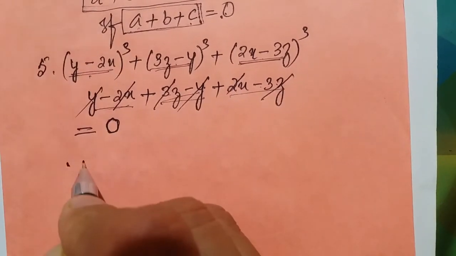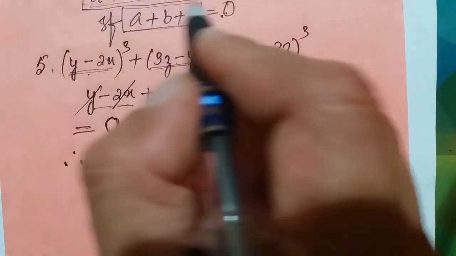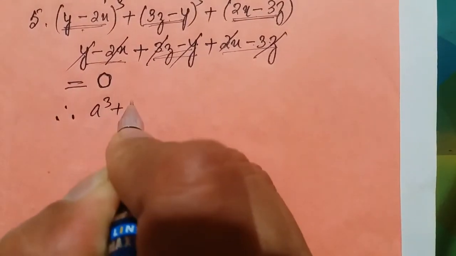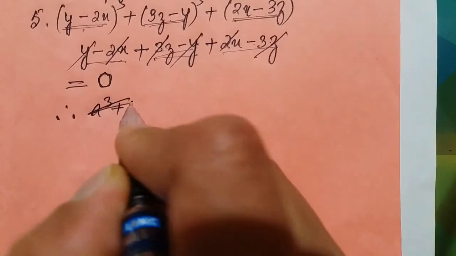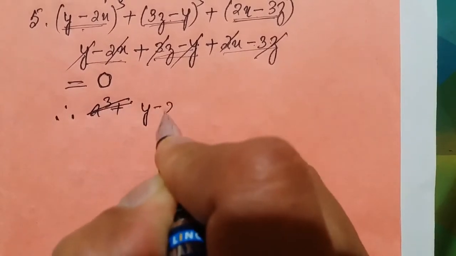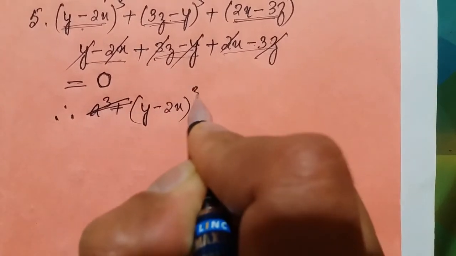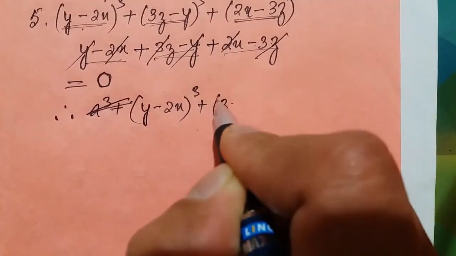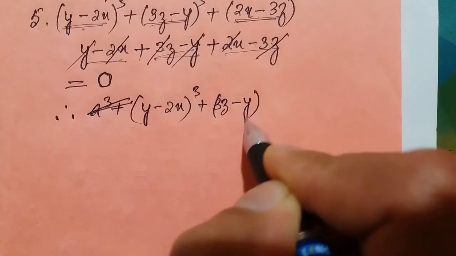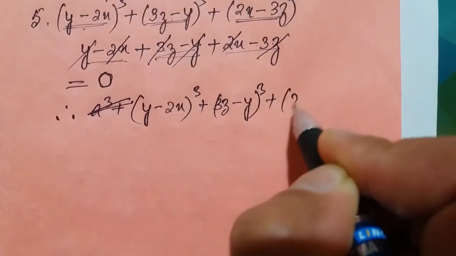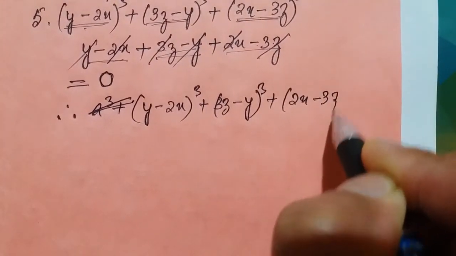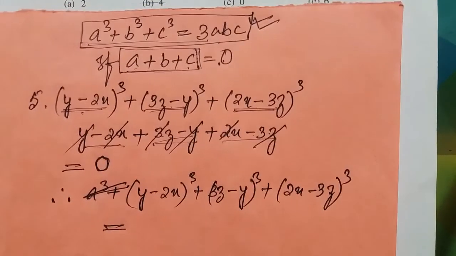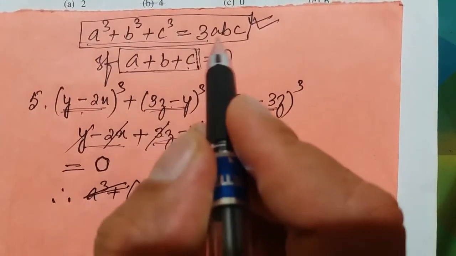Therefore we can apply this formula: a cube plus b cube plus c cube, that is (y minus 2x) whole cube plus (3z minus y) whole cube plus (2x minus 3z) whole cube, is equal to thrice abc.